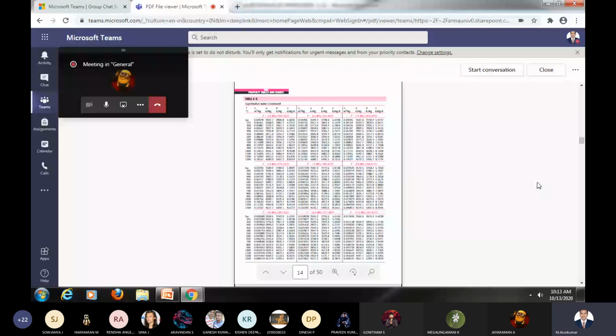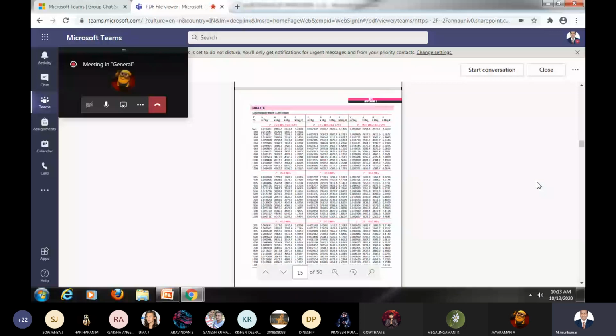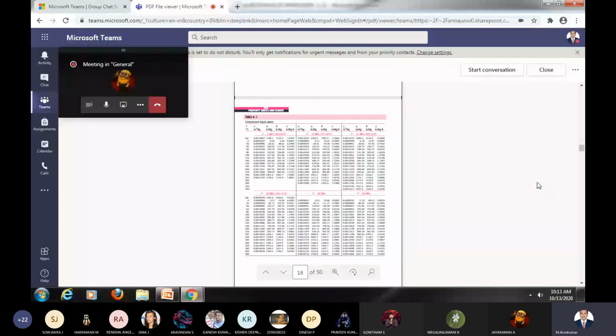Then we have A7 as compressed liquid water, right? So this is your compressed liquid water, that is your wet steam, that is your steam. From that we can get the values like this.